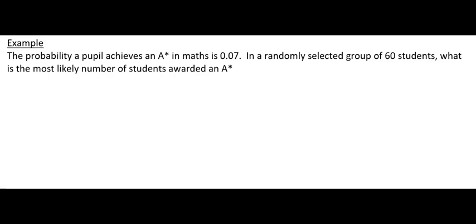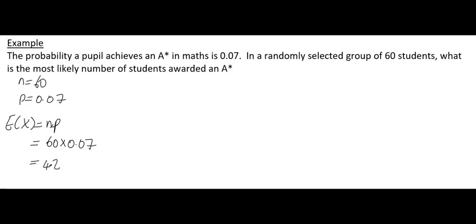So first of all, we're going to say we have 60 students, so n is equal to 60. Your probability of success is 0.07. So your expected number, or your mean, is equal to np. So it's 60 times 0.07, which works out to be 4.2. So here we're looking for the mean.